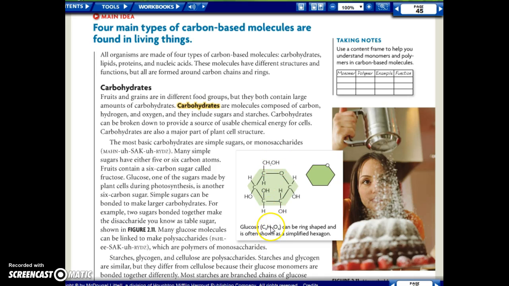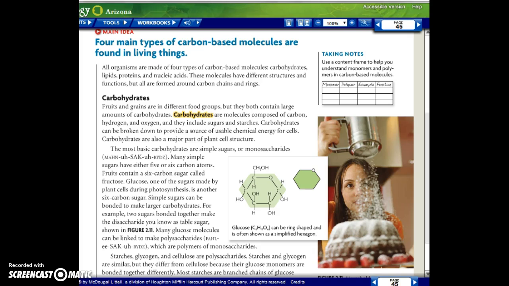So there's our 12 hydrogens. And lastly, we need to count the oxygens. There should be 6 of them. Let's check it out. 1, 2, 3, 4, 5, and the 6th one is actually in this ring itself. So 6 oxygens.